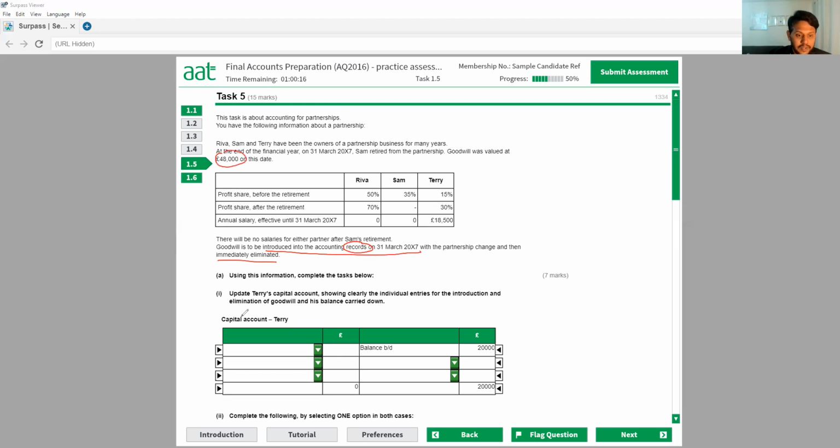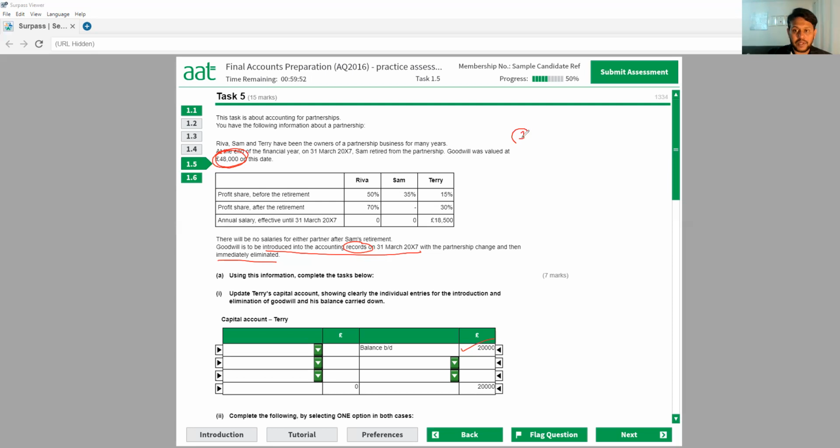The first requirement here is to update Terry's capital account. How do we do that? We already have an opening balance of 20,000. Terry is already expecting 20,000 as capital from the partnership business. But because of the goodwill, Terry's capital will be increased. So let's do the journal first.